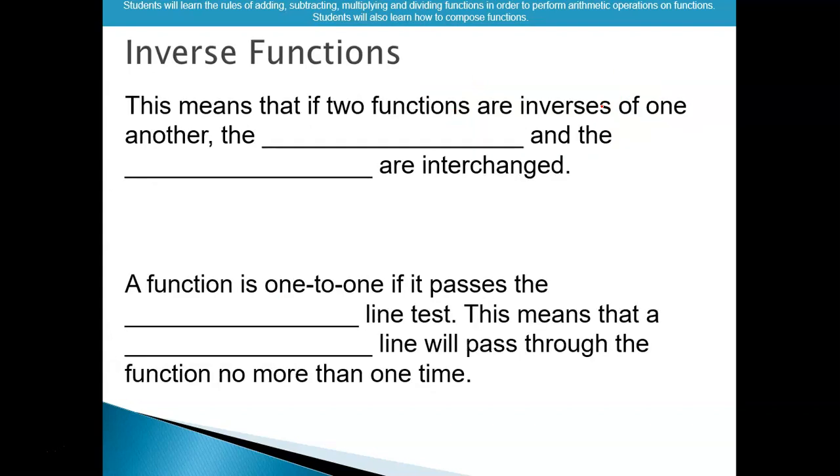If two functions are inverses of one another, then the x values and the y values are interchanged. And a function is one-to-one if it passes the horizontal line test. So that means that a horizontal line will pass through the function at no more than one point at a time.